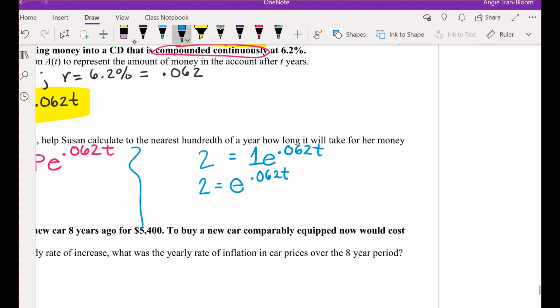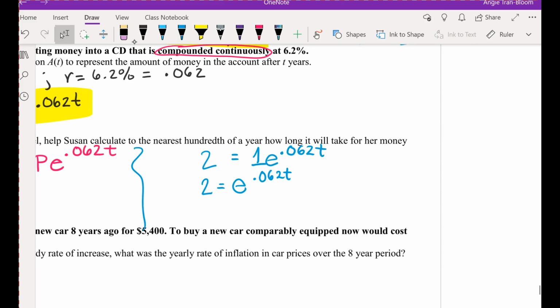A couple ways you can do this. You can start out writing log base what? Log base E of 2 equals 0.062 times T. You can never ever leave log base E. What do you change that to?